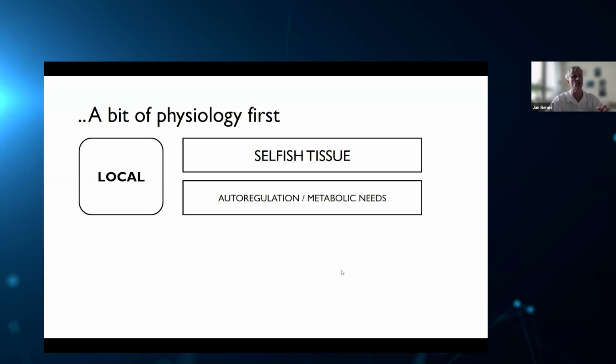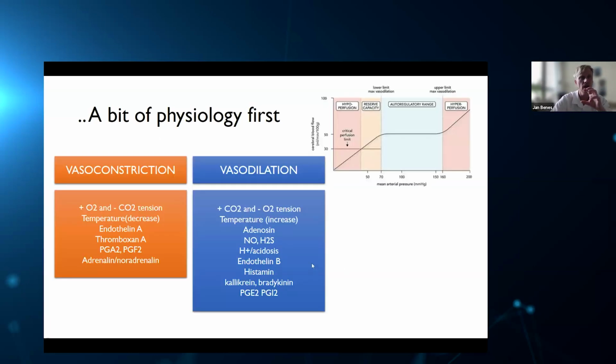And then there is a global regulation. What does the body have to adapt the local? What sort of substances does the body have to regulate the flow? Mostly it's CO2 and O2 tension, on one side constriction, on the other vasodilating. It's also temperature, so again, that's the metabolic issue. And the production of adenosine is also a matter of vasodilation induced by metabolism.